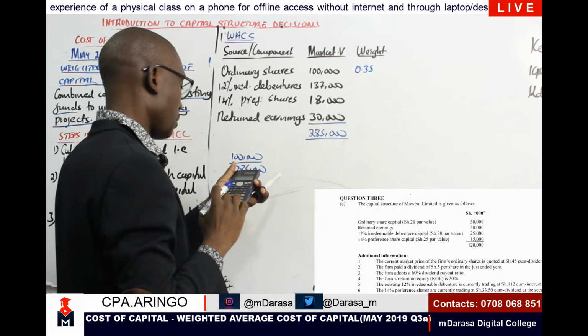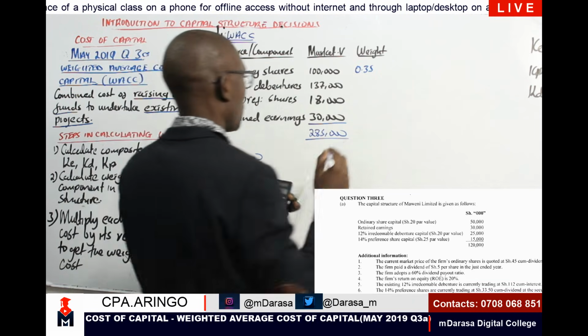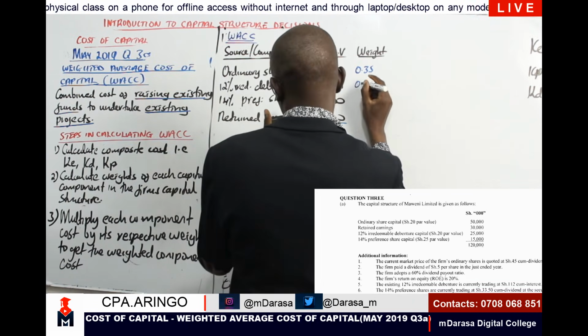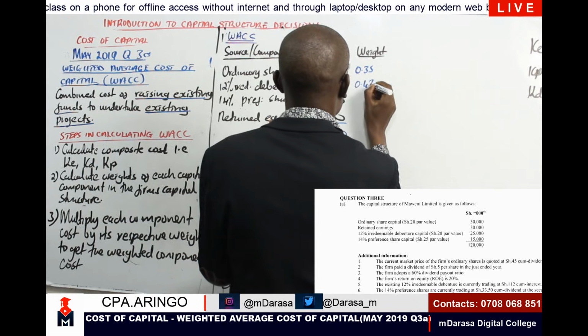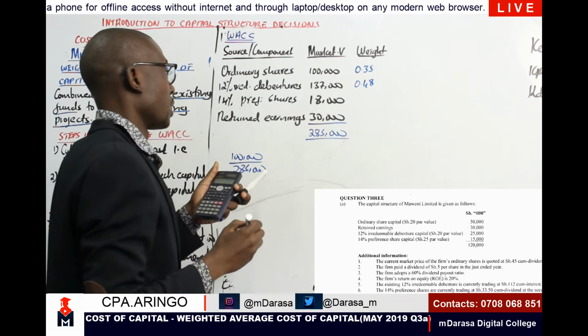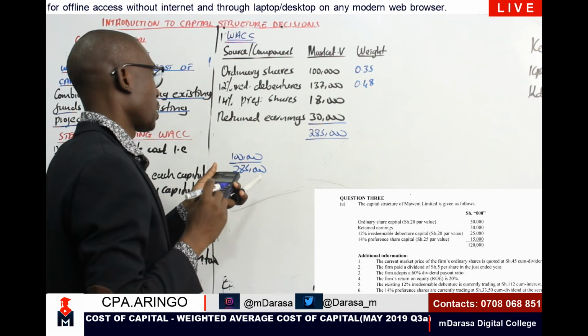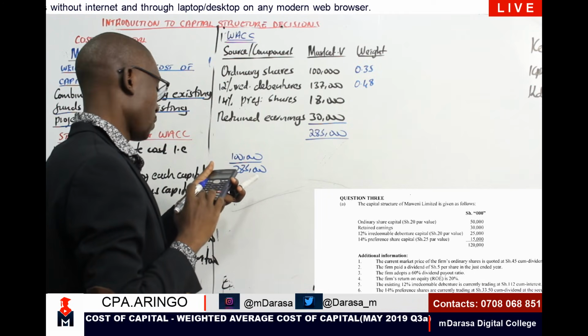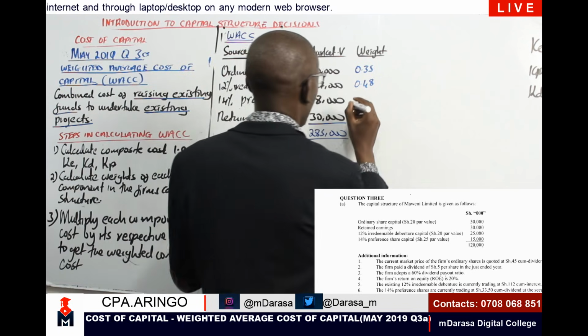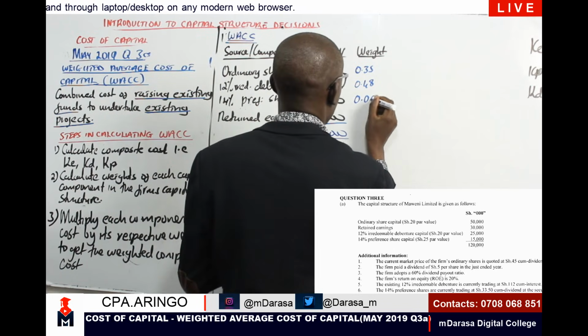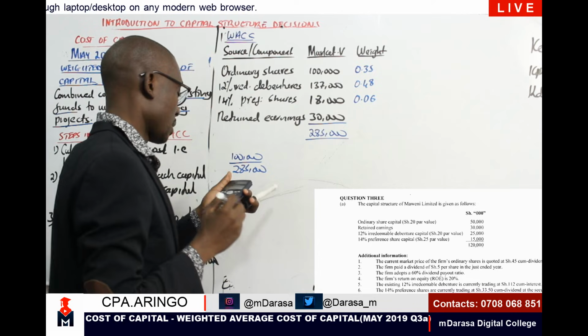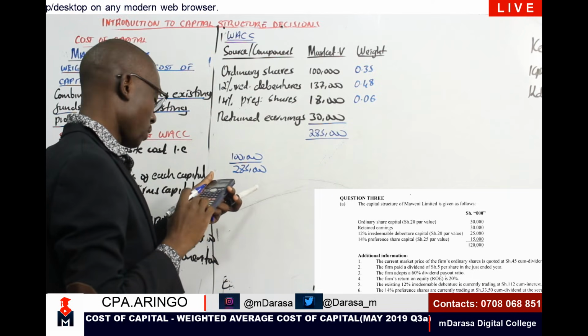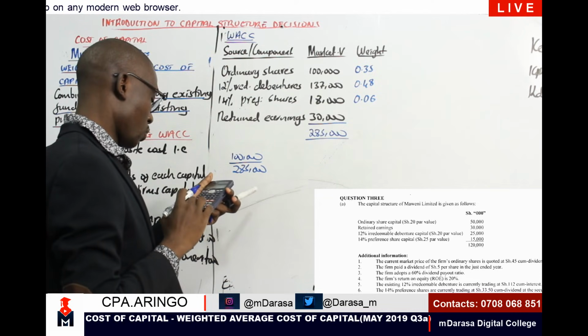137 we divide by 285, that should give me a figure of 0.48. Then talk about this other case, 18 divided by 285. That should give me a figure of 0.06. Whereas the other one, we should be talking of 30 divided by 285.